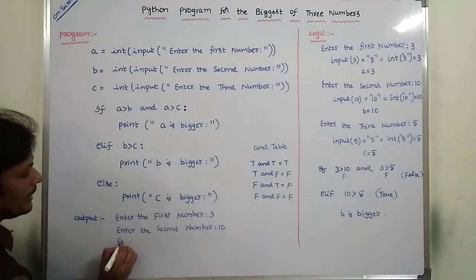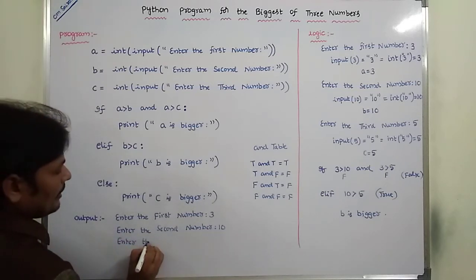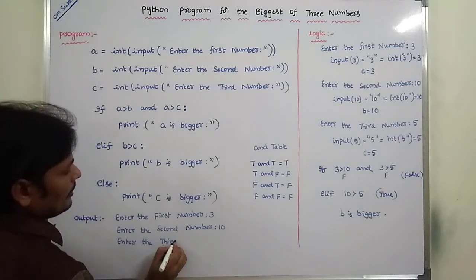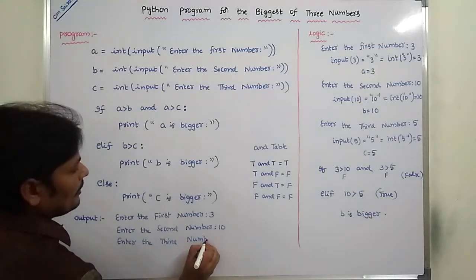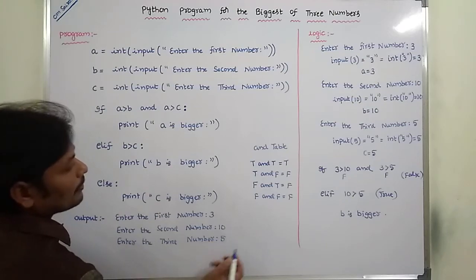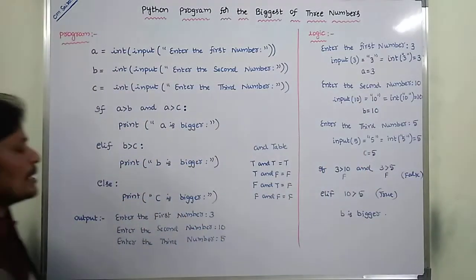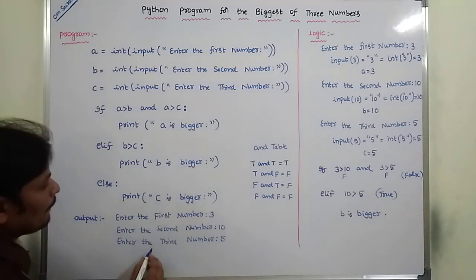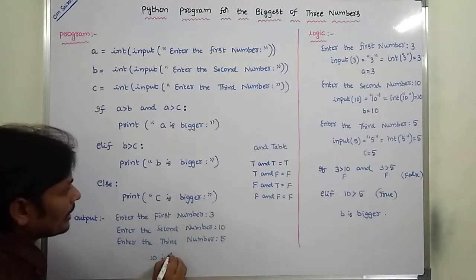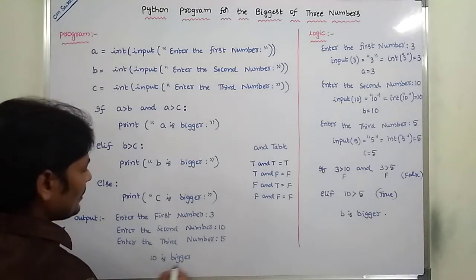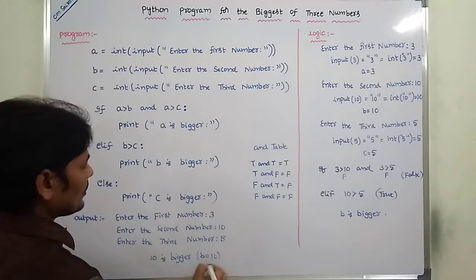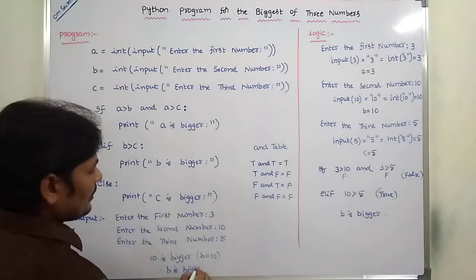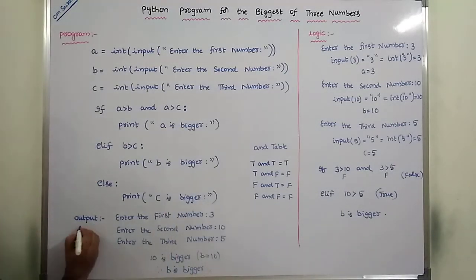Next, enter the third number: the third number is 5. Among them, which is bigger? b is bigger. So b is nothing but 10 is bigger. Here b is equal to 10, so therefore b is bigger. Okay, so this is the biggest of three numbers program.